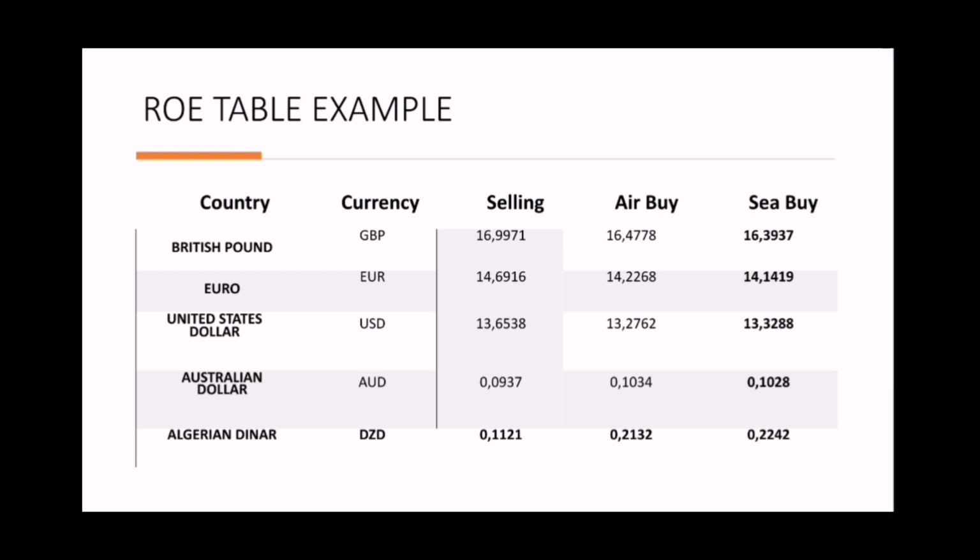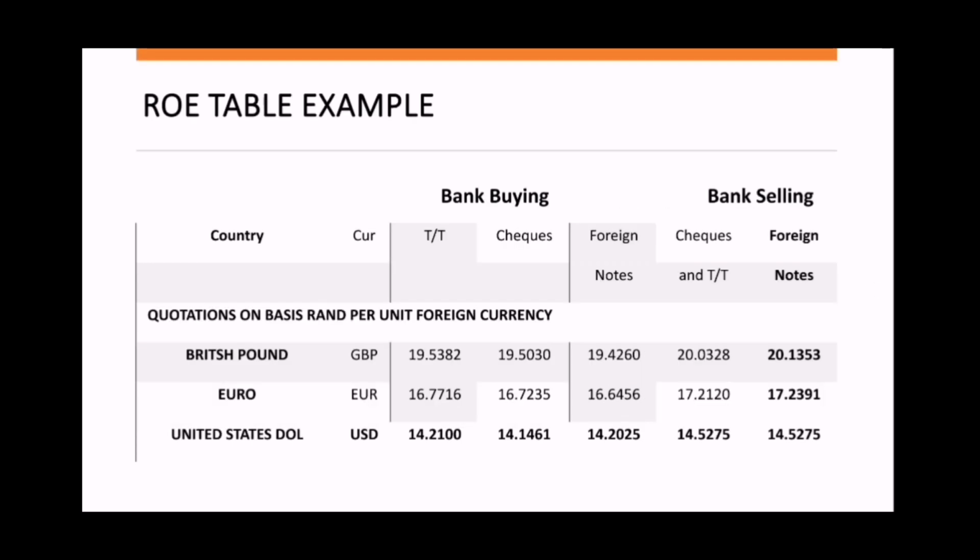Here is another example of a ROE table where you have your countries, you have your currency code, and then you have your bank buying rate, which is written in two sections. You have your bank buying rate for telegraphic transfers, and then you have your bank buying rate for checks.